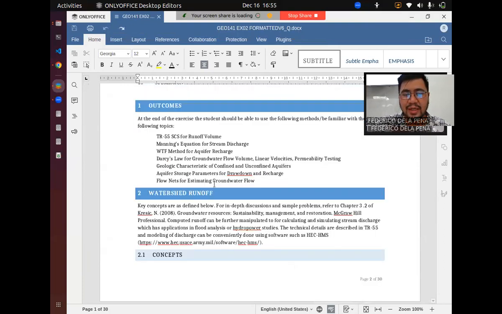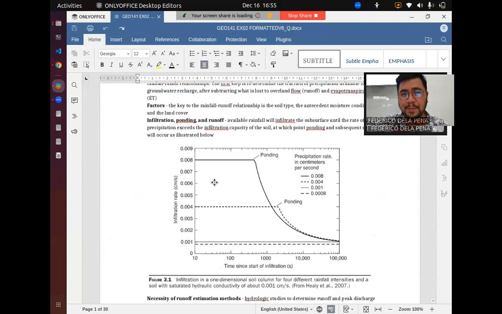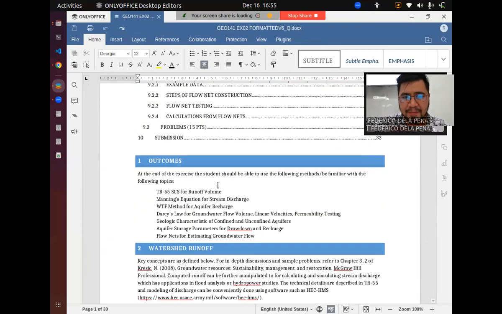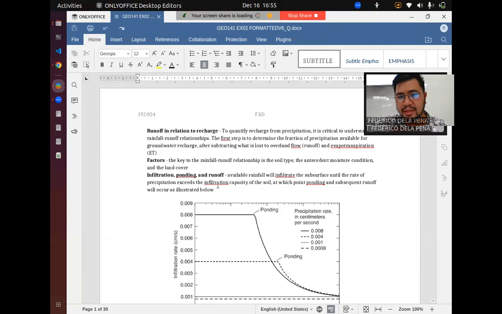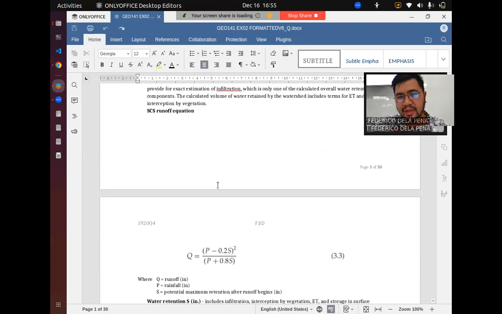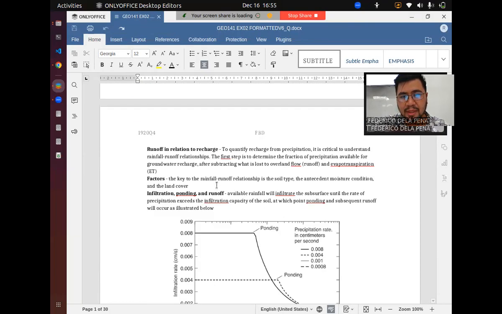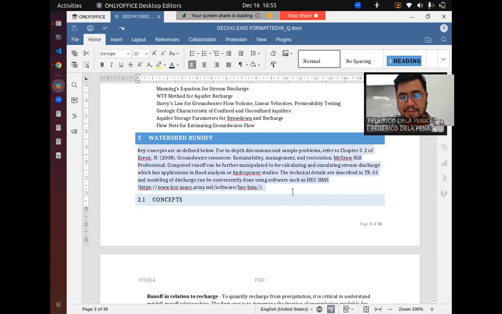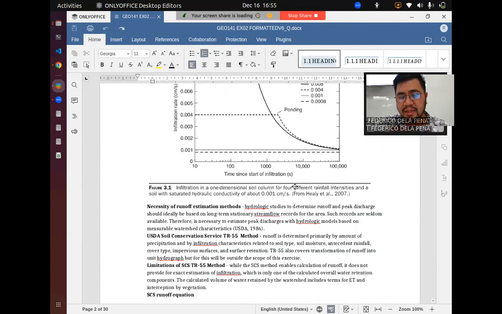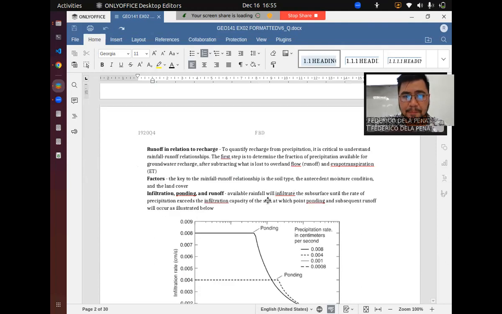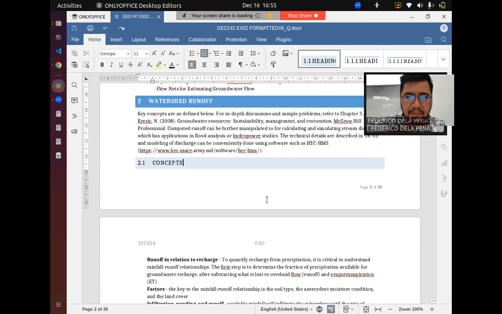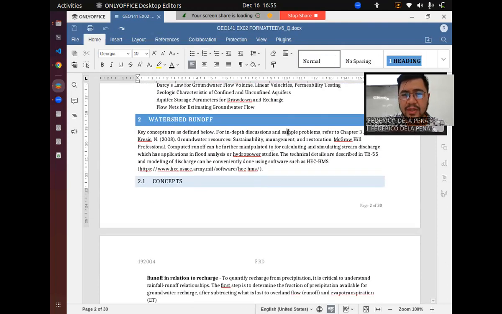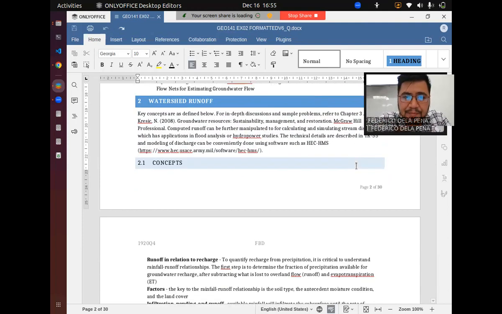But of course, this also includes the concepts, so it's quite voluminous because of the refresher sections here, right? Now let's start with the watershed runoff. And of course, you can refer to chapter 3 of Kresic 2008 for the concepts.